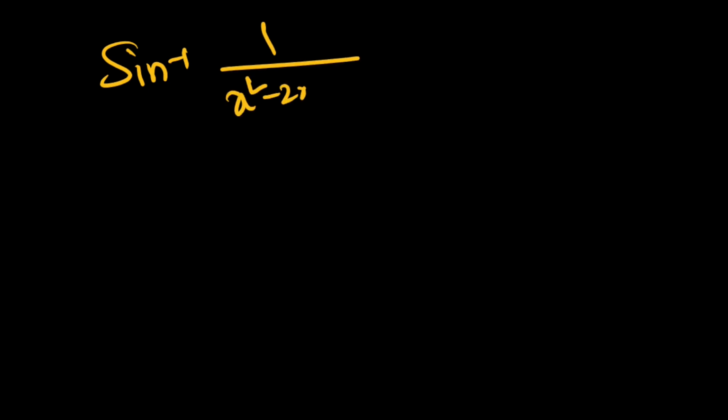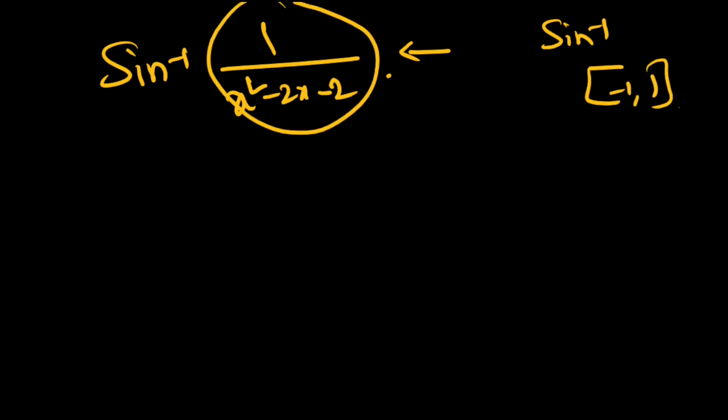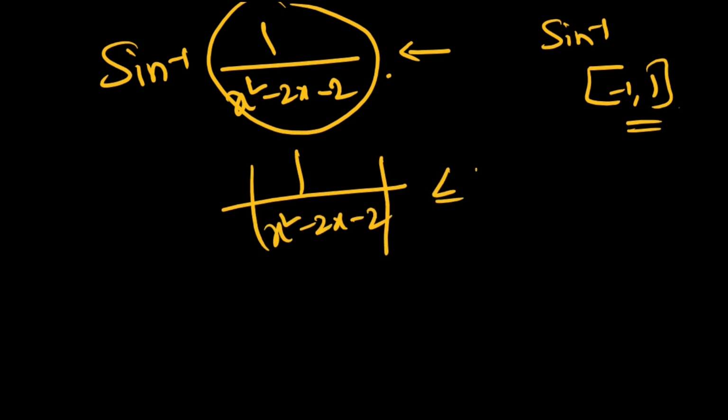Therefore, overall, in the question we have the sine inverse function of 1 over x square minus 2x minus 2. The question asked what is the domain of this function. We know the domain of sine inverse x is minus 1 to 1, so this function also belongs to minus 1 to 1. That means this modulus value is less equal to 1.